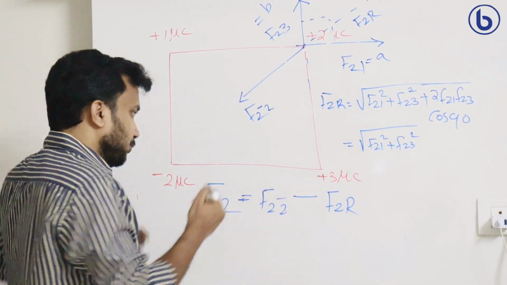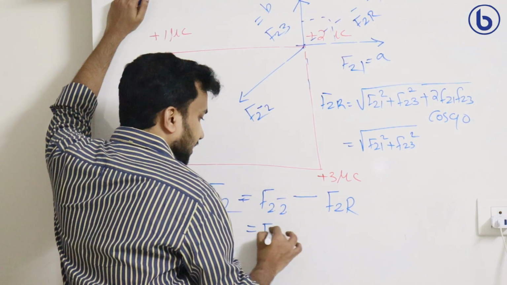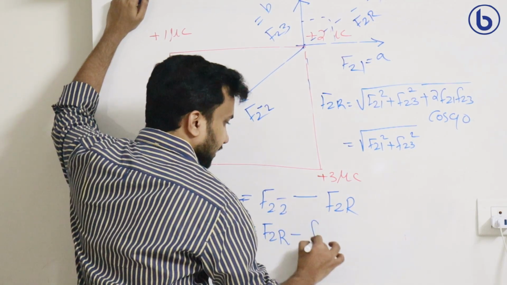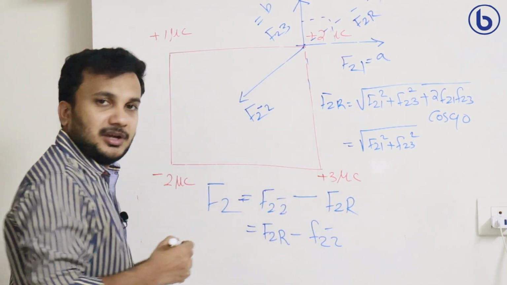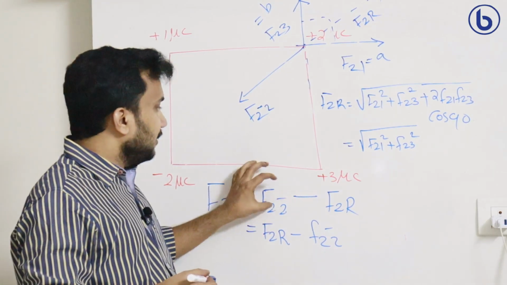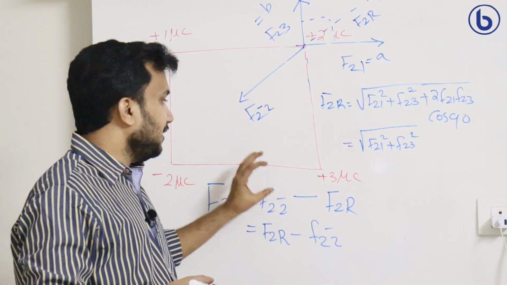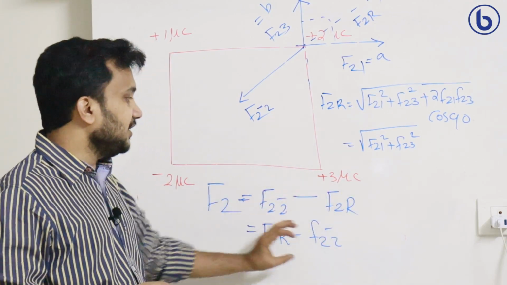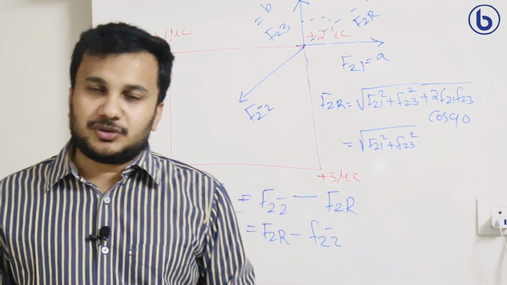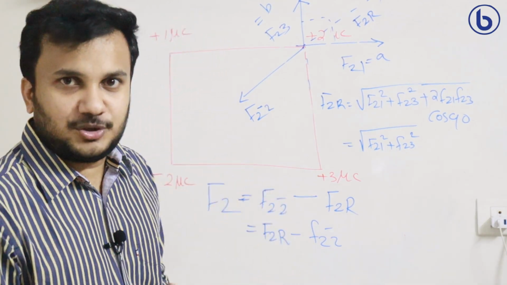You can subtract this way, or some people can also do it like this: F2 minus 2. Now assume student A is doing it like this and student B is doing it like this. Can we say both are correct or both are wrong? Both are actually correct.